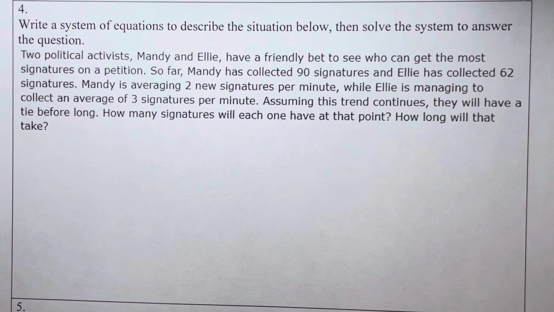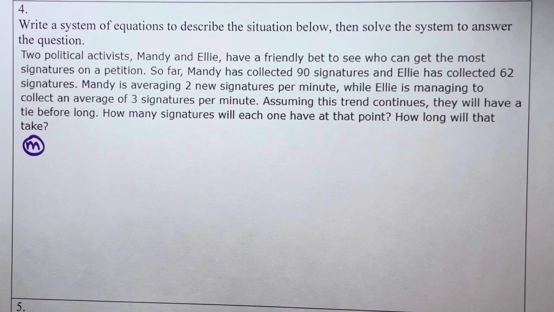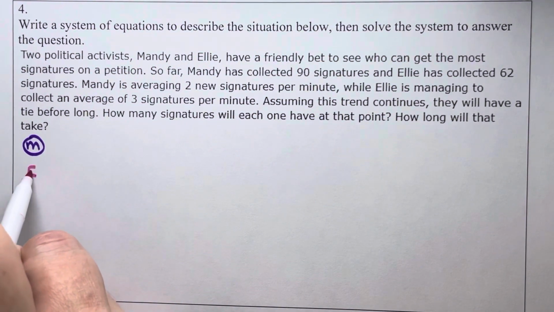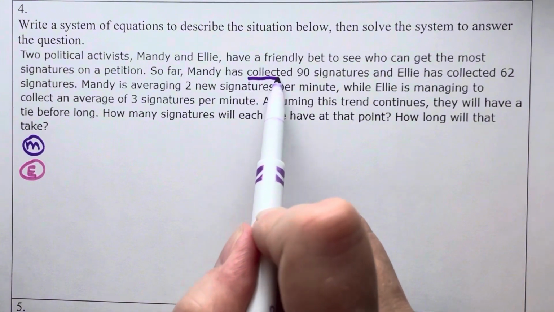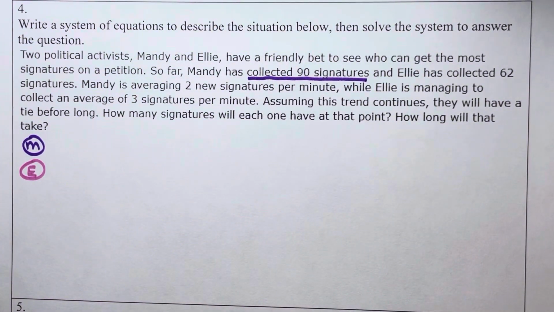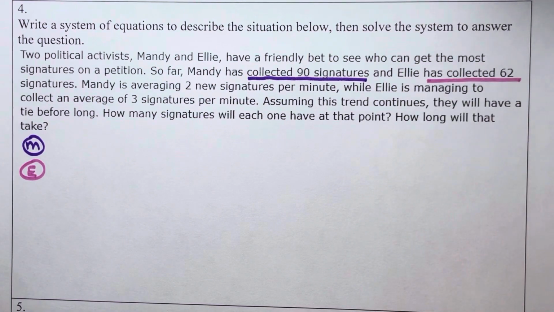Let's see what's going on here. We have Mandy and we have Ellie. So they're in a friendly little competition. Let's see what we know. So Mandy has collected 90 signatures so far, while Ellie has collected 62 signatures so far.